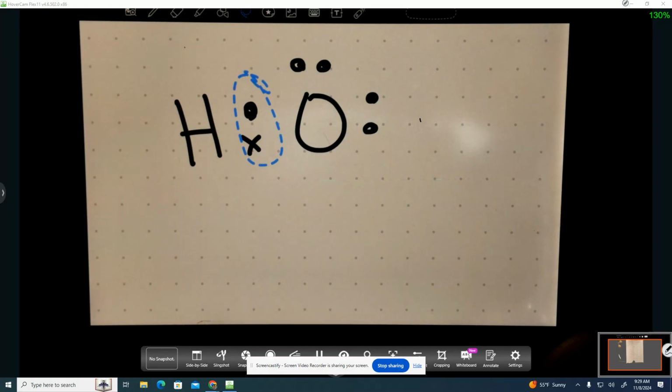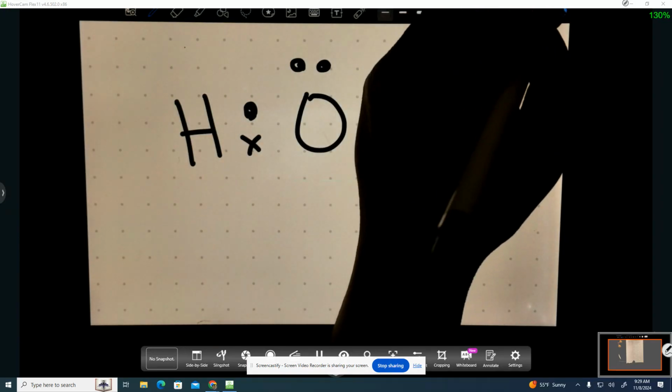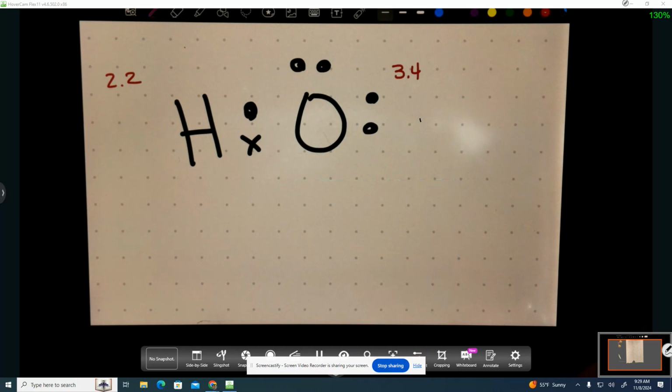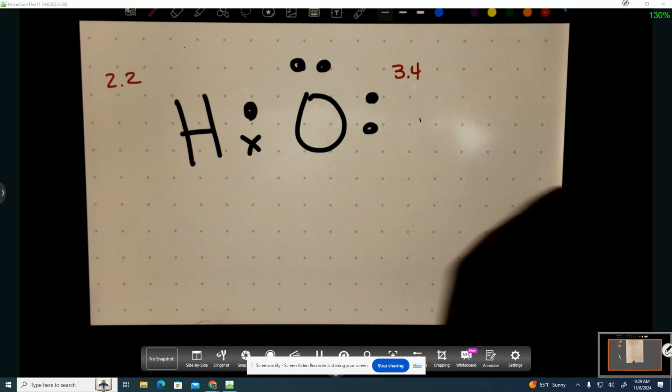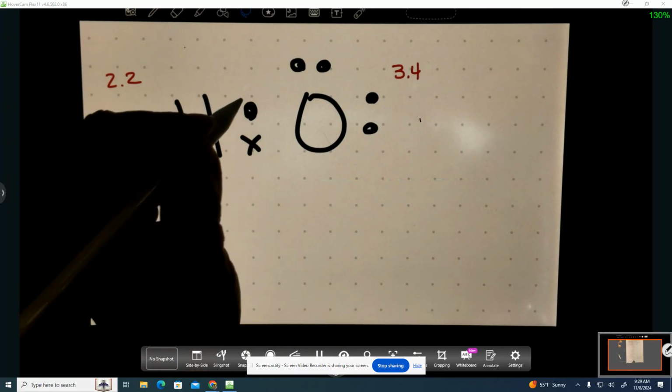Who's stronger in that bond? The H or the O? The O. H is 2.2 in electronegativity, and O is 3.4. So oxygen is a little bit stronger than hydrogen.